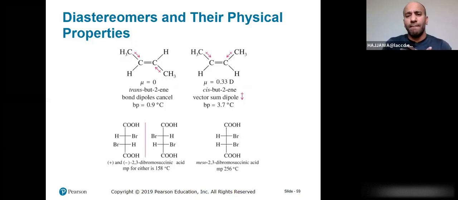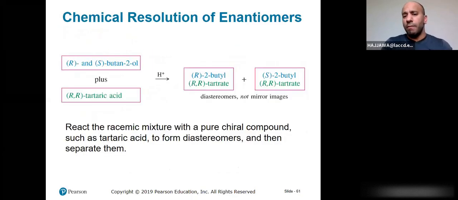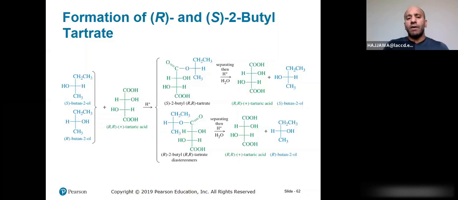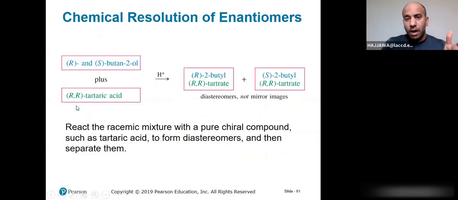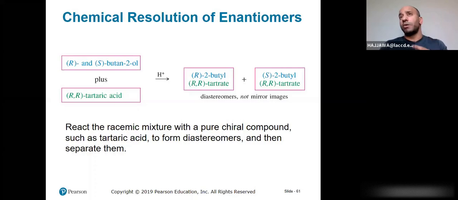So if I have an experiment and I have at the end of it 2 structures that are enantiomers, this is where the chemical resolution of enantiomers topic becomes really important. We may deal with a compound, out of those two enantiomers, that is biologically active, while the other one is totally inactive.